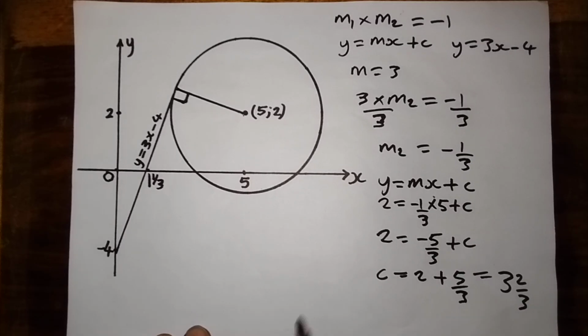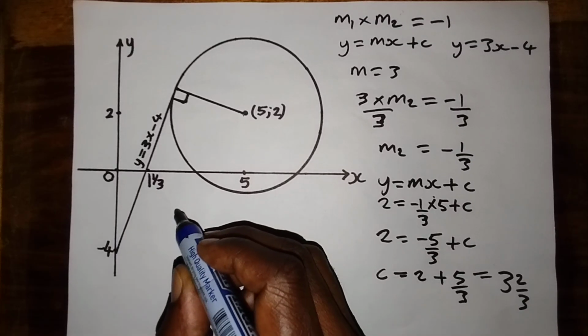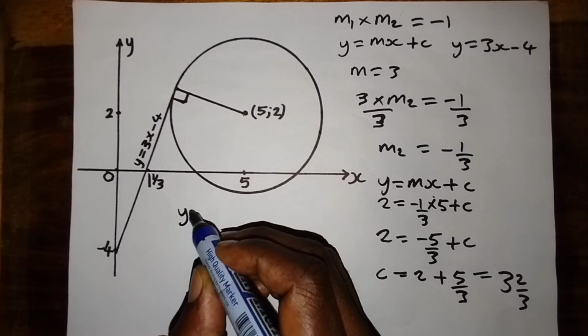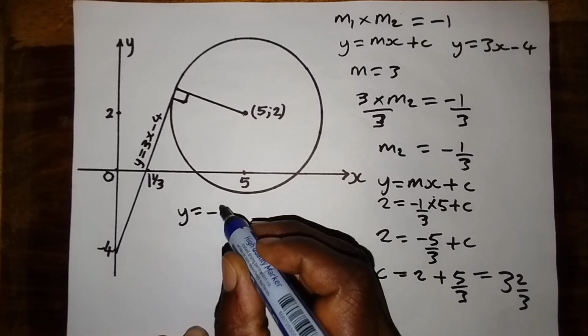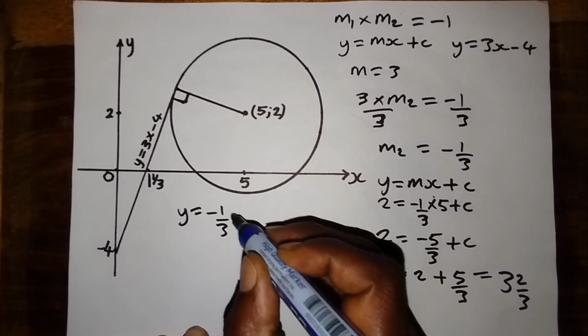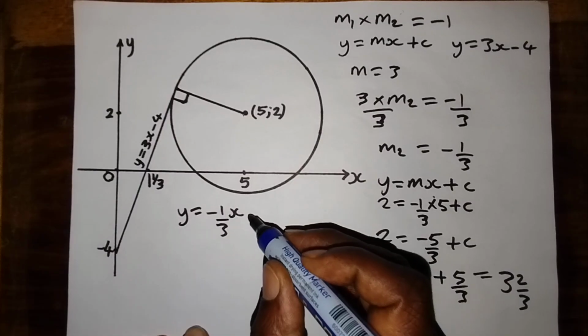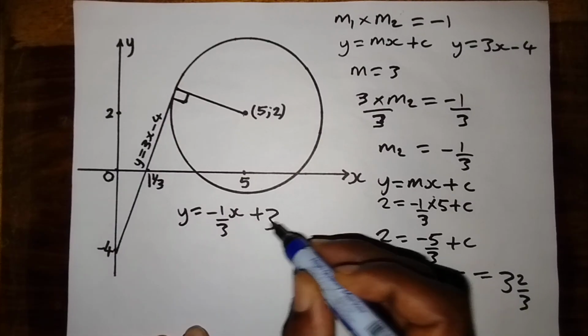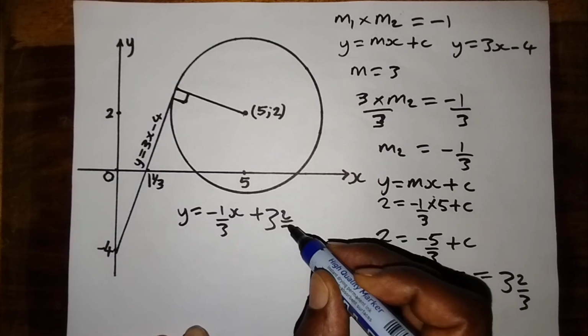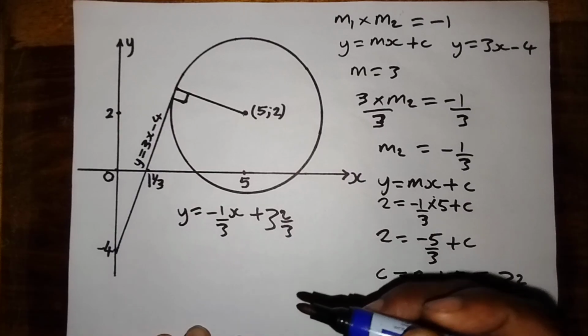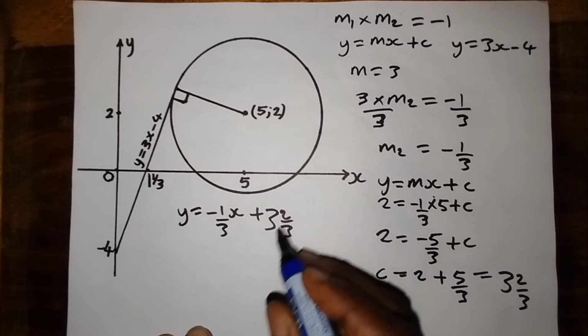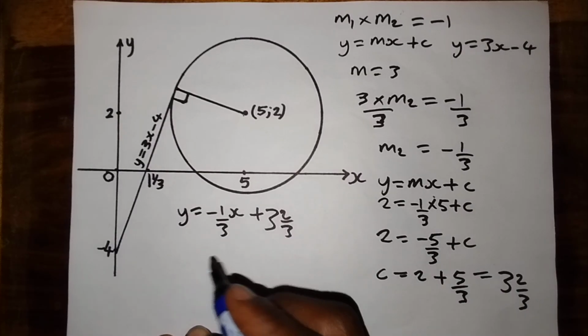So finally the equation of the radius is y equals -1/3 x plus 3 wholes and 2 over 3. Let me simplify this further so that we remove the fractions.